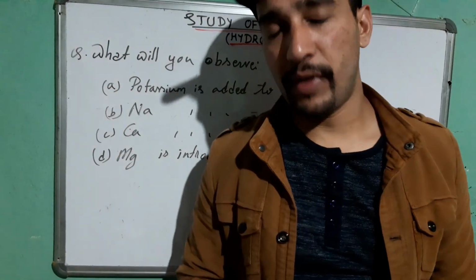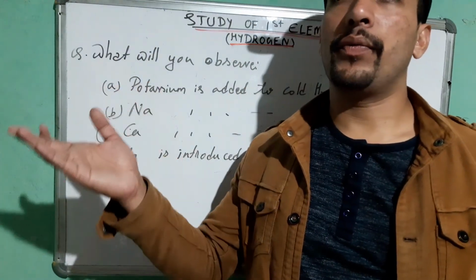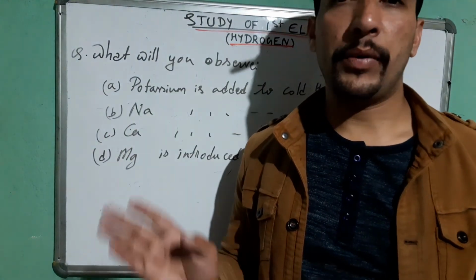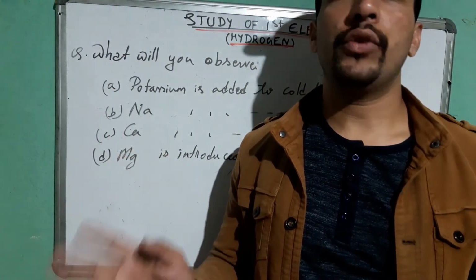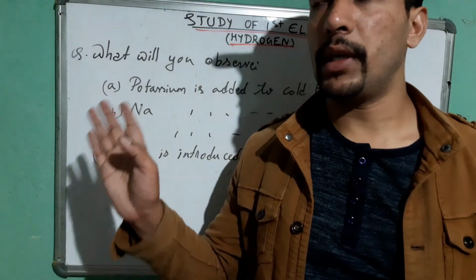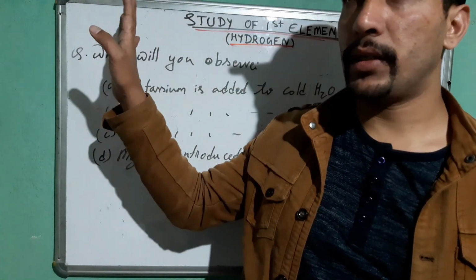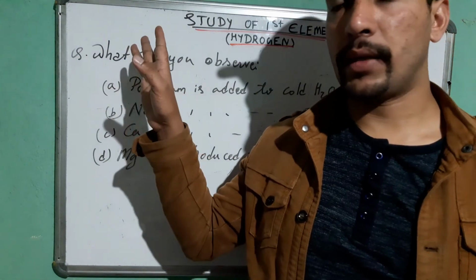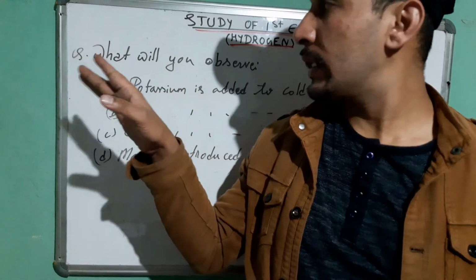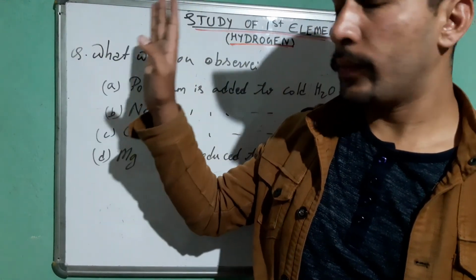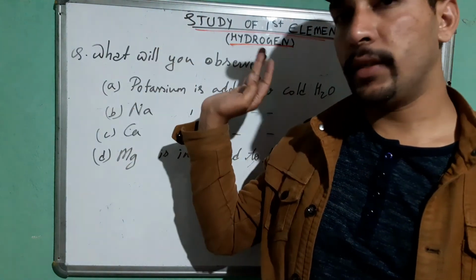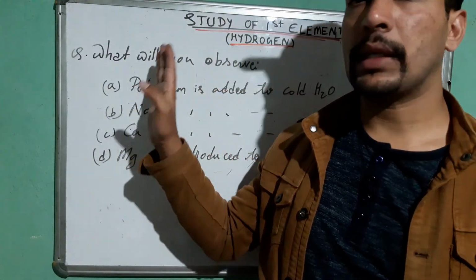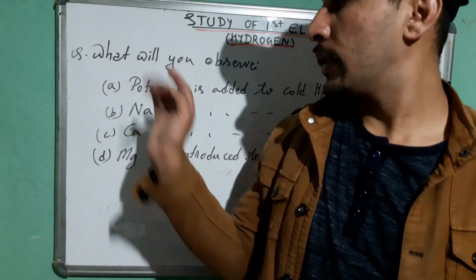Fourth we discussed preparation using metals: the first 3 metals, potassium, sodium and calcium, with cold water. Fifth we did hot water plus magnesium.